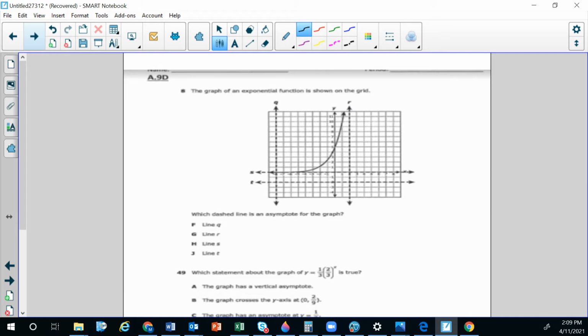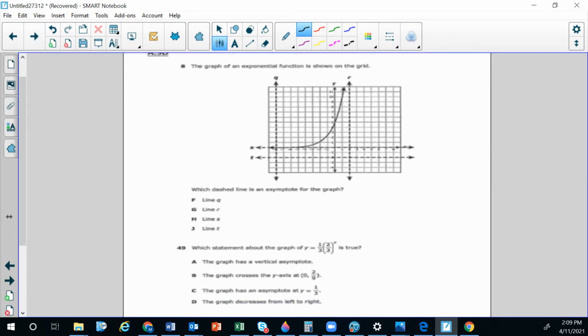Okay, this example asks you which dashed line is the asymptote for the graph. Let's see, line R and S. This is an example where I talked about how the horizontal asymptote is the x-axis, which is y equals 0.